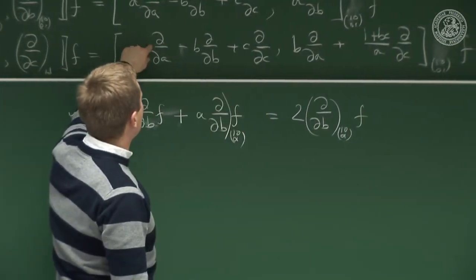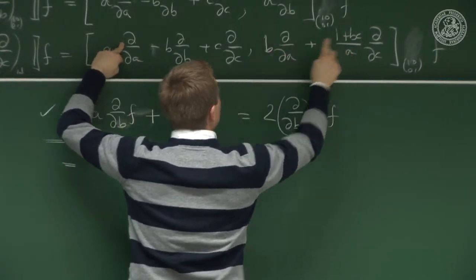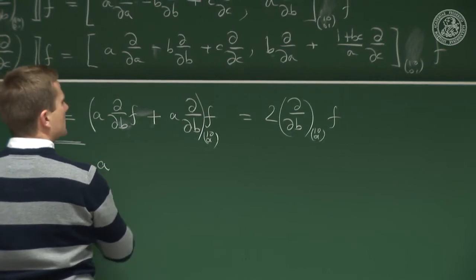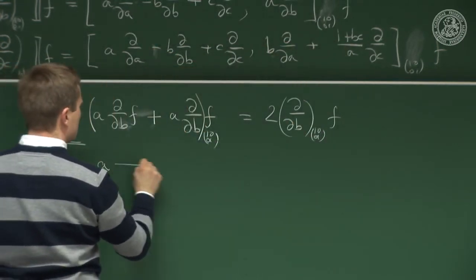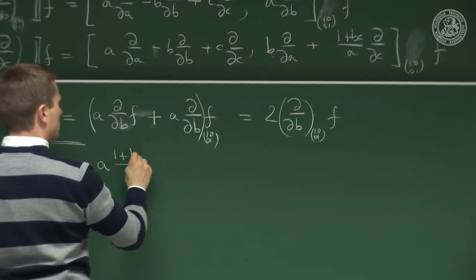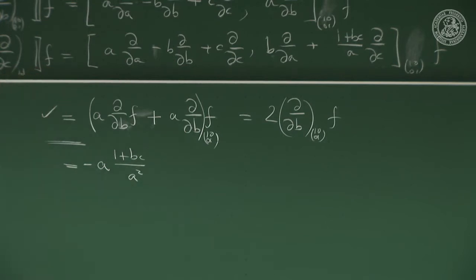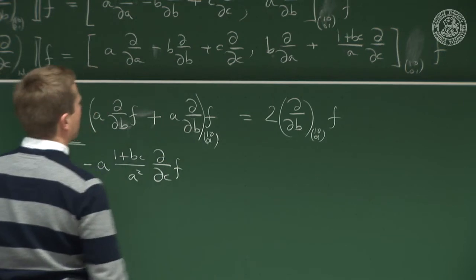A d by dA, on what can it act non-trivially? Well, if the factor contains an A. This doesn't, but this one does. So it's A times, now we act on here, the derivative is of course minus 1 over A squared, 1 plus BC. That's this non-trivial action, and what remains is the d by dC on F.